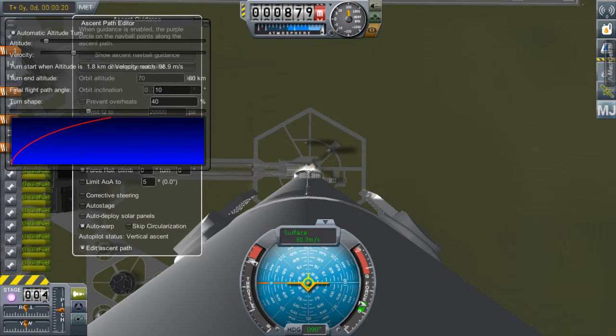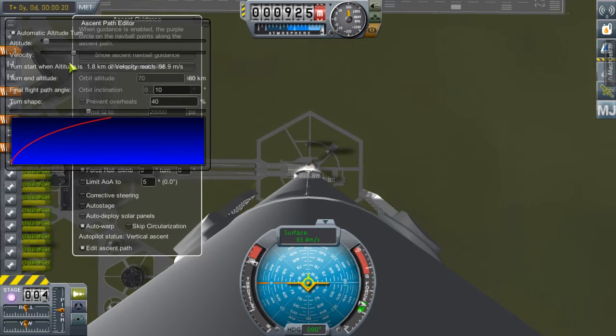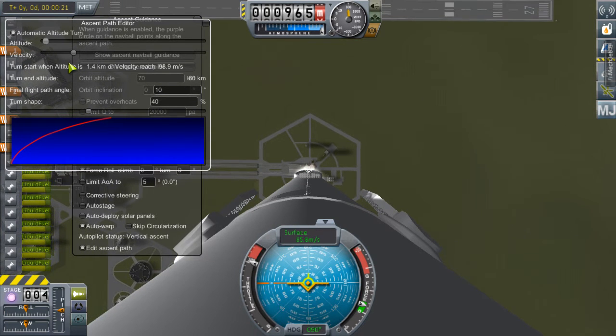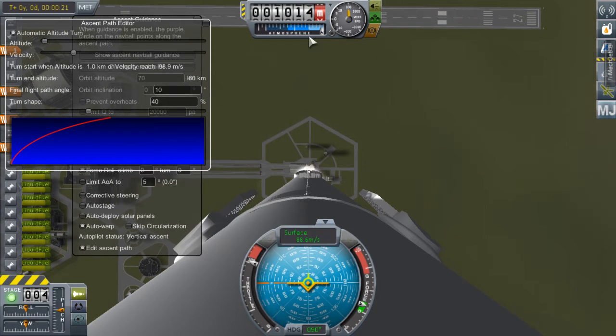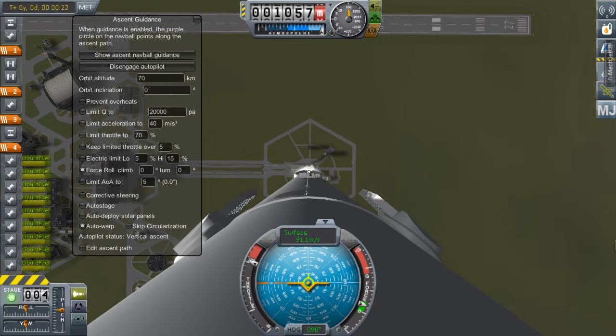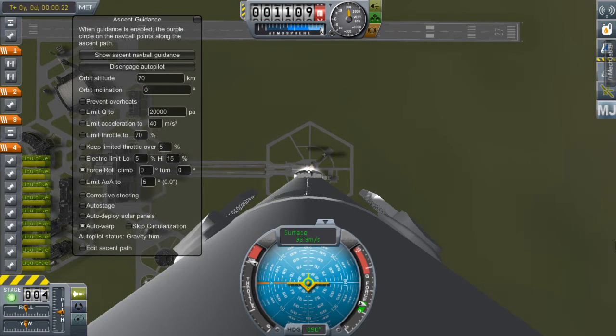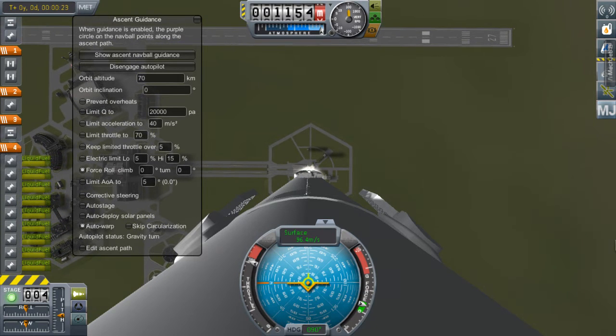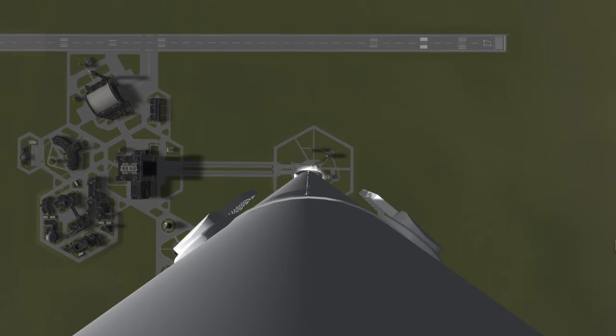Standing by for the start of the pitch kick. Pitch kick start confirmed. Beginning downrange pitch.